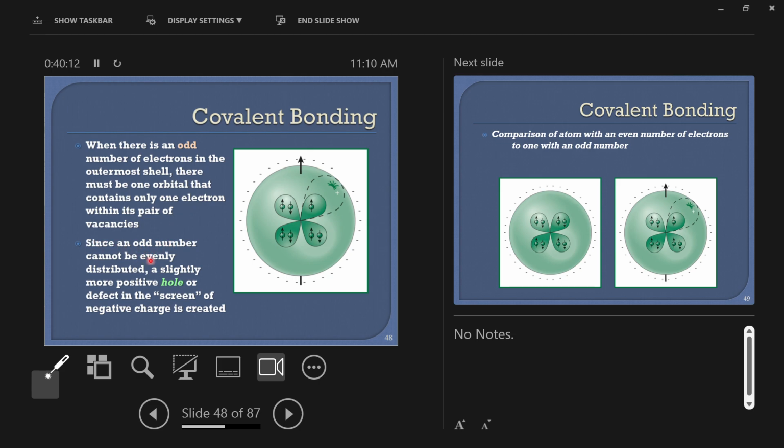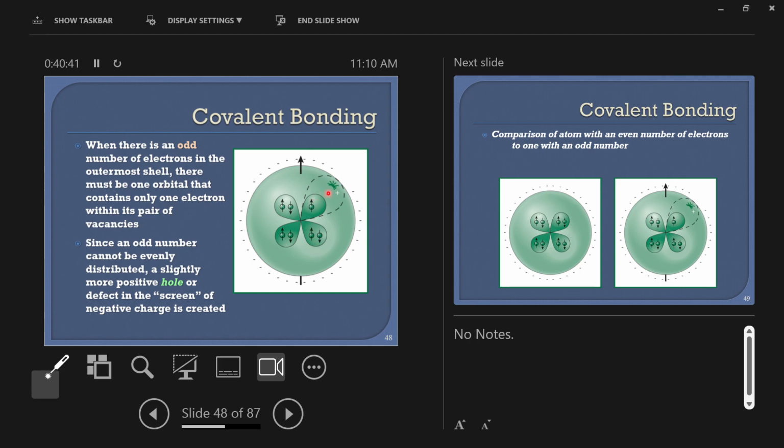Since this odd number cannot be evenly distributed, a slightly more positive area on the atom will appear. We call it a hole. We'll use that hole talk in much later lectures. But now you've got one part of the atom that is a little bit more positively charged than the rest of the atom, giving the atom a dipole of electric charge, meaning that it's going to have a difference in electric charge from one end to the next.